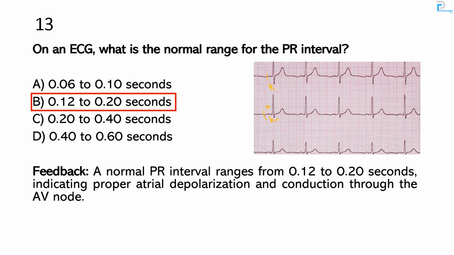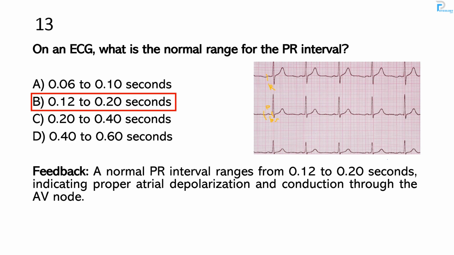So we count here how many small boxes. If we count here, we have 4 small boxes. Each small box is 0.04 second. So it will be normal. It's 4 times 4, so 16, so 0.16.